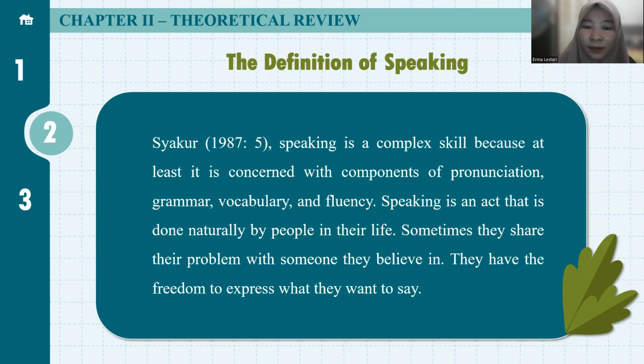Sometimes they share the problem with someone they believe in, and they have the freedom to express what they want to say. So, in a simple way, we can say that speaking is an act where people can express their ideas, their opinions, and what they want to say.